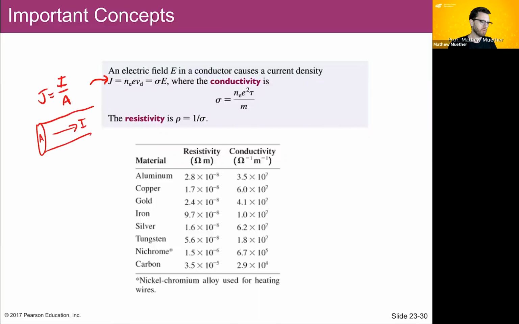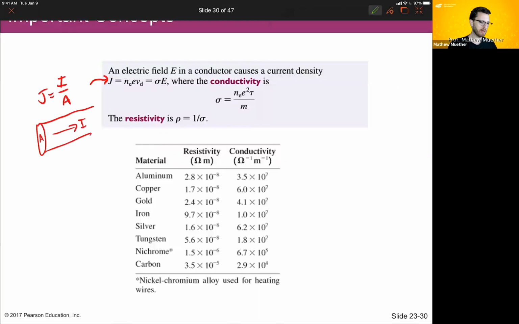And what we can imagine then is to think about different kinds of materials, and we establish some electric field in that material that's going to drive the charged particles through it. Different kinds of materials might have a different response. So maybe I have a piece of copper, or maybe I have a piece of aluminum, and I set up the same electric field inside of it.